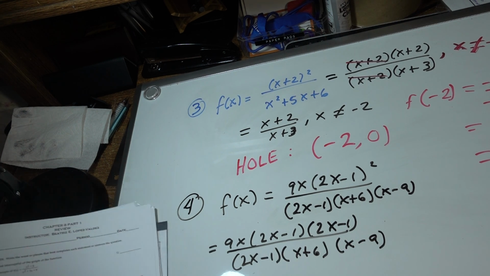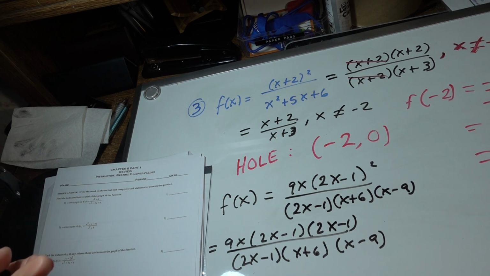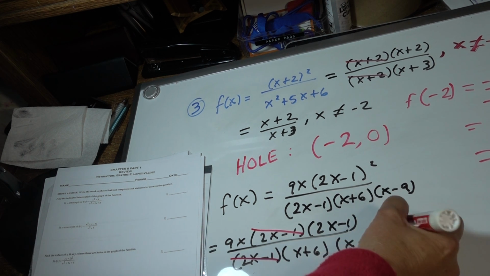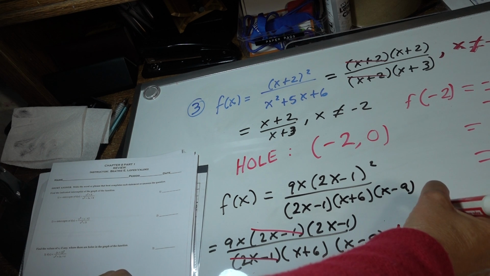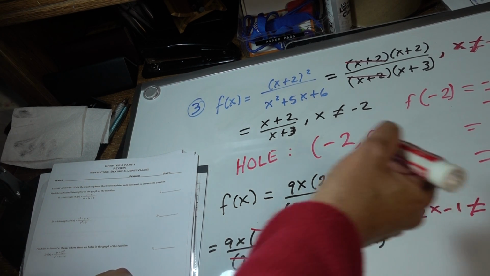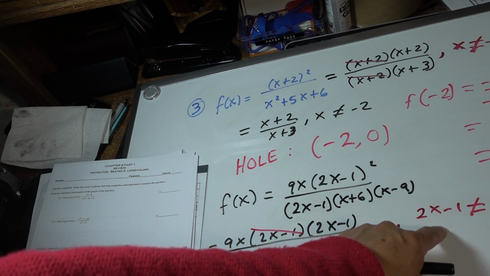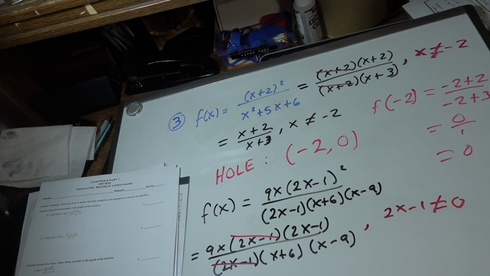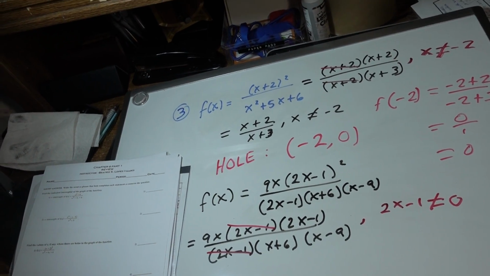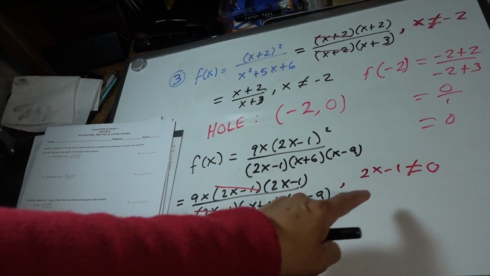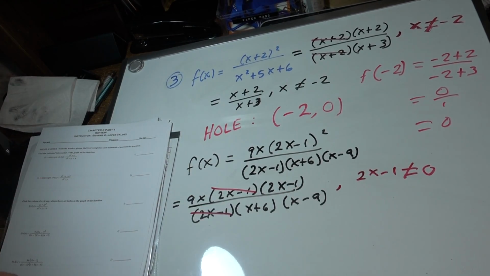The only common factors we have are 2x minus 1 and 2x minus 1. 2x minus 1 cannot be 0. So what x do we need to exclude from here? In order to see clearly the value of x that we don't want, we have to solve that equation, setting it equal to 0.